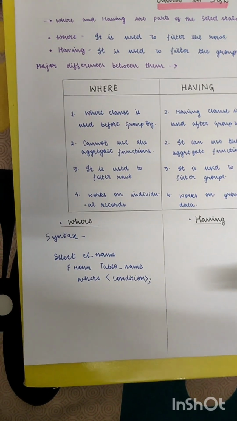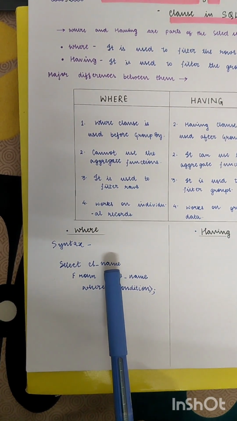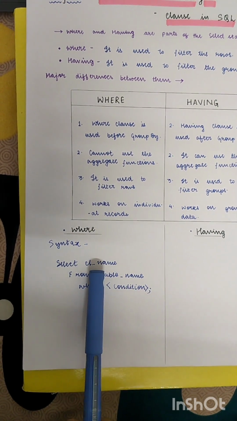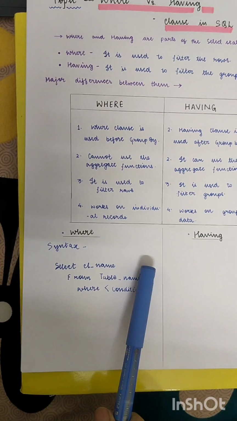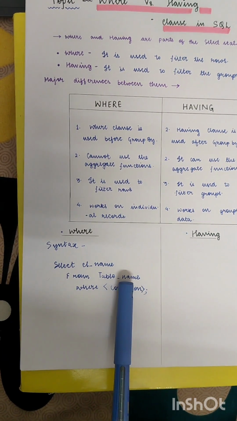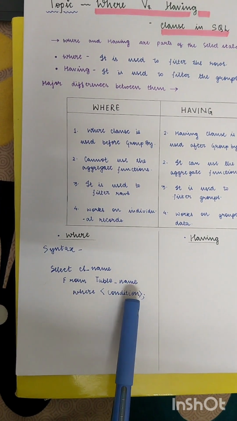This is the syntax. So let's see. SELECT column name: it will select the column name from where we want to fetch the data. FROM table name: from which table we want to select the column name. And WHERE is to filter the condition.